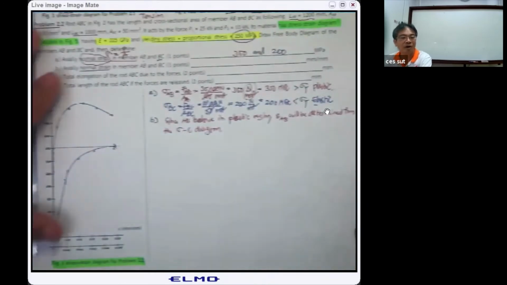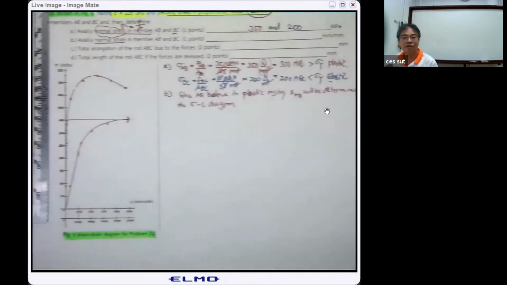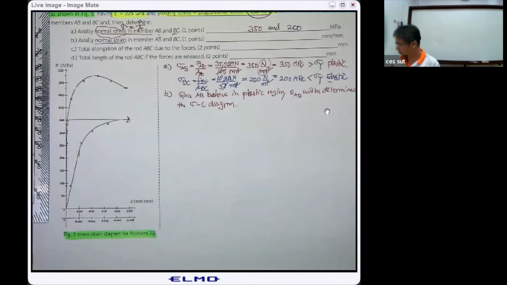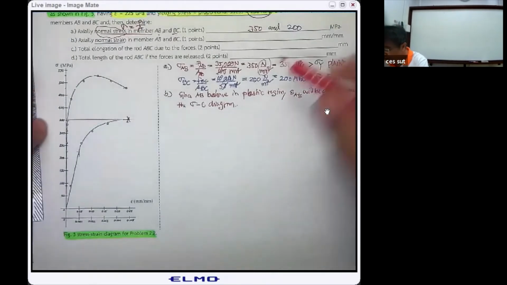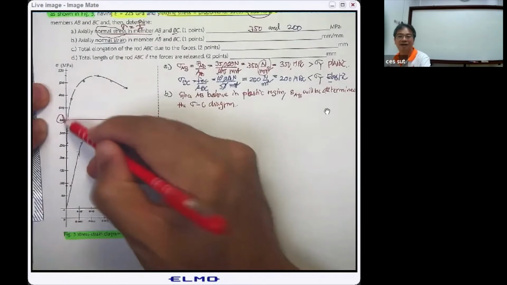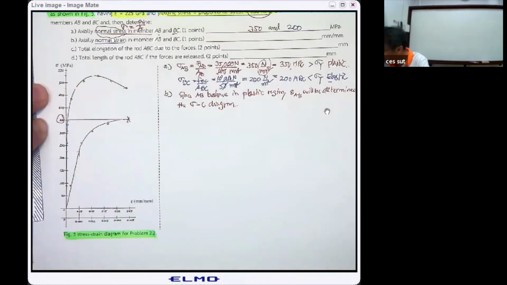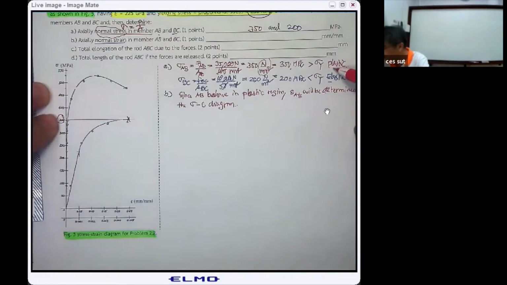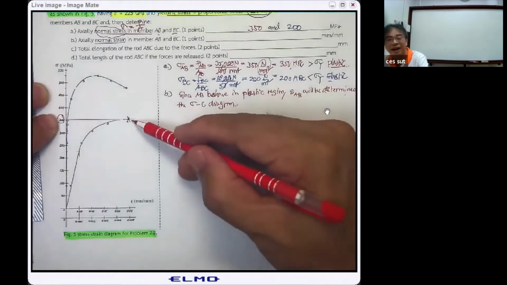Oh, no. It's not a focus again. Okay, it's better? No, it's not that good. Okay, this is a little bit better. Okay, you got 350. The 350 is here. Okay, this is larger than the yielding, so it is in the plastic. So we will determine the strain sub AB from the diagram.